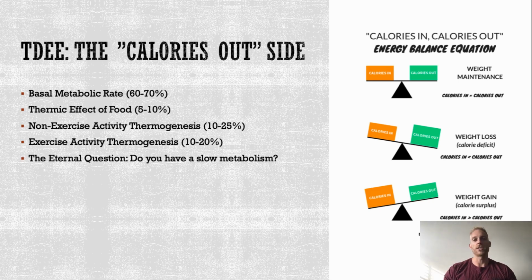So what are they talking about when they talk about the calories out side of the equation? What they're talking about is your total daily energy expenditure, your TDEE. How many calories are you expending over a 24-hour period?